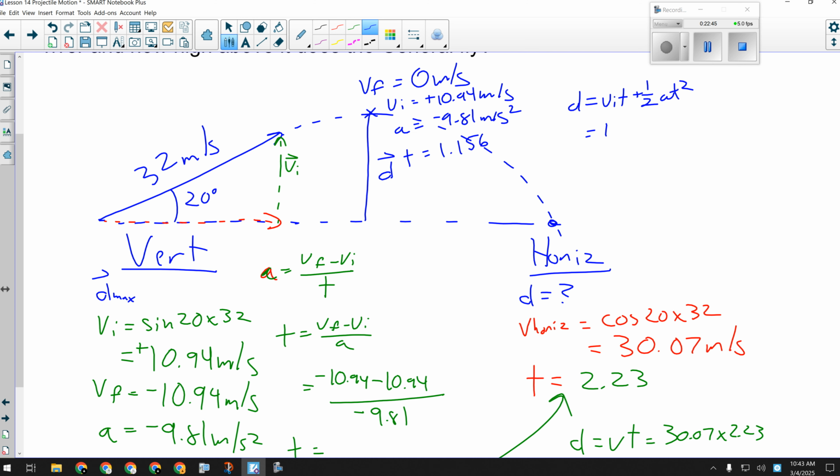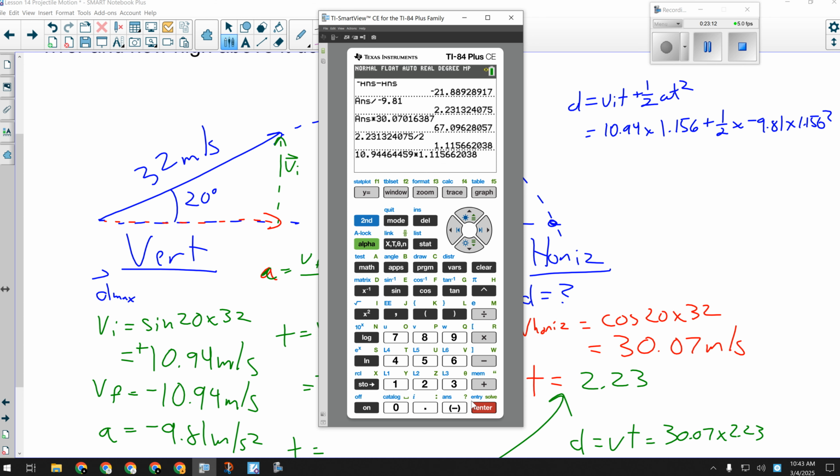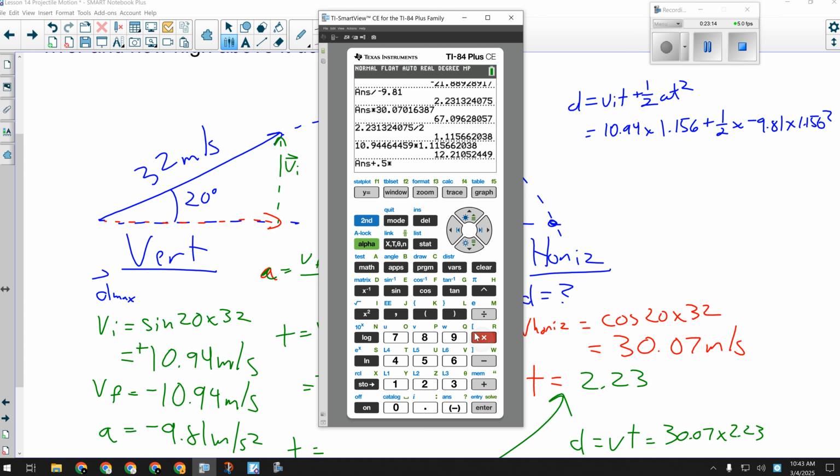Okay, we'll have our 10.94 times 1.156 seconds, plus 1/2 times negative 9.81, that's crucial, times 1.156 squared. So if I put that in with all the correct decimal places, I take my 10.94 here, multiply that by 1.156, add that to 0.5 times negative 9.81 times that squared.